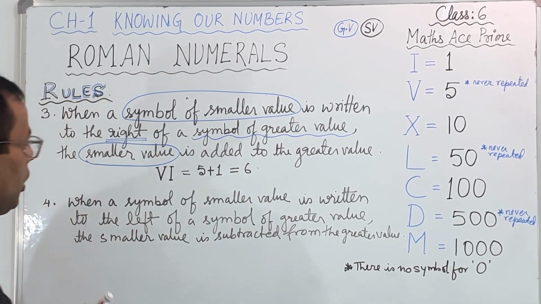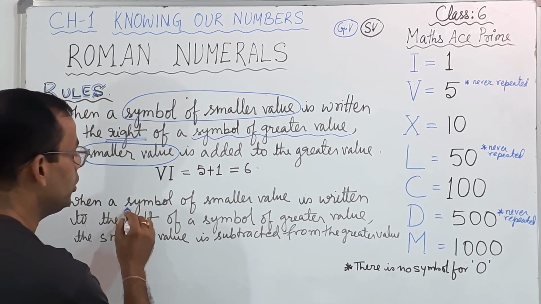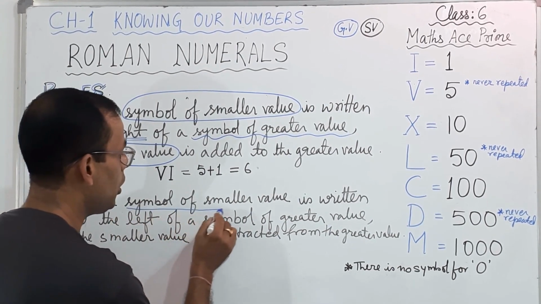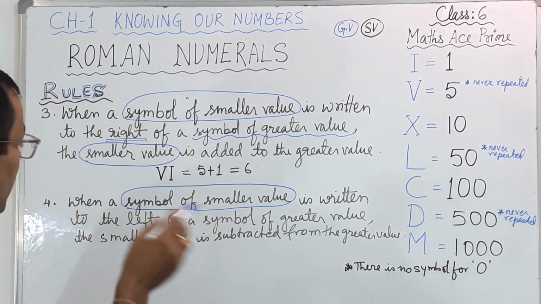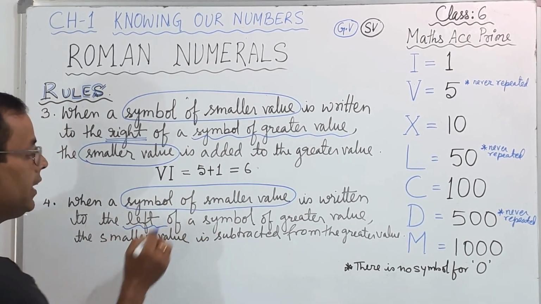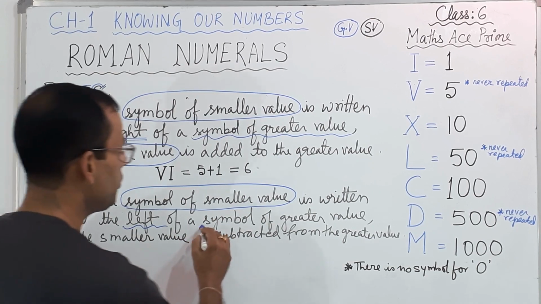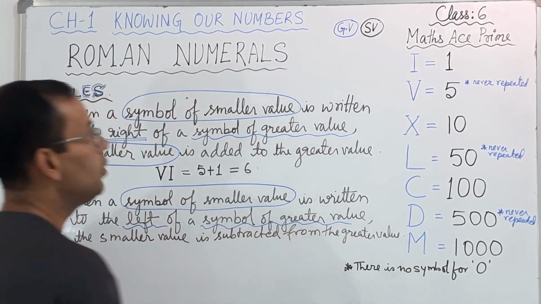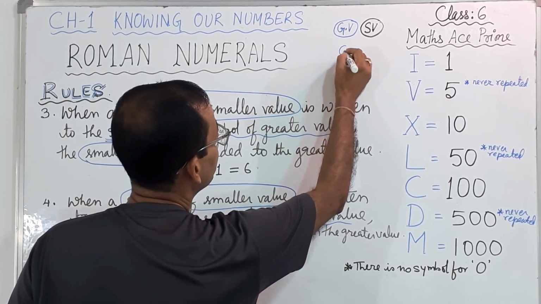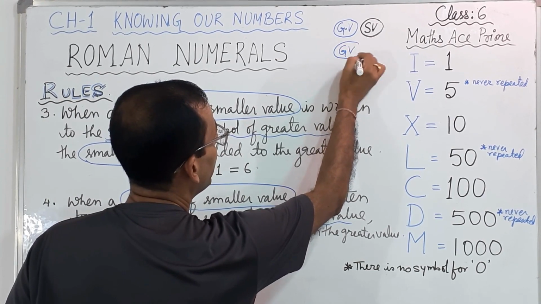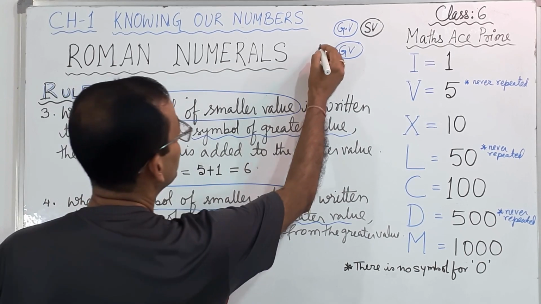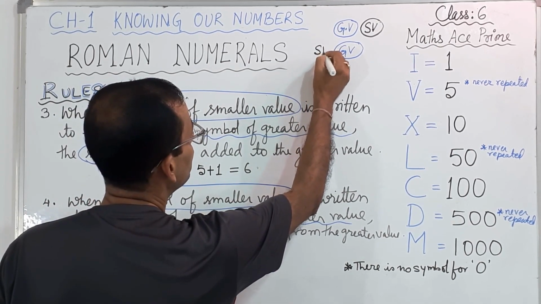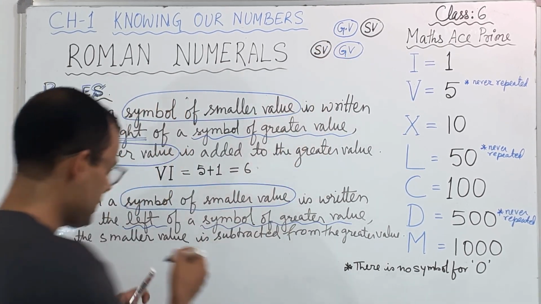When a symbol of smaller value is written on the left of the symbol of greater value, what does this mean?